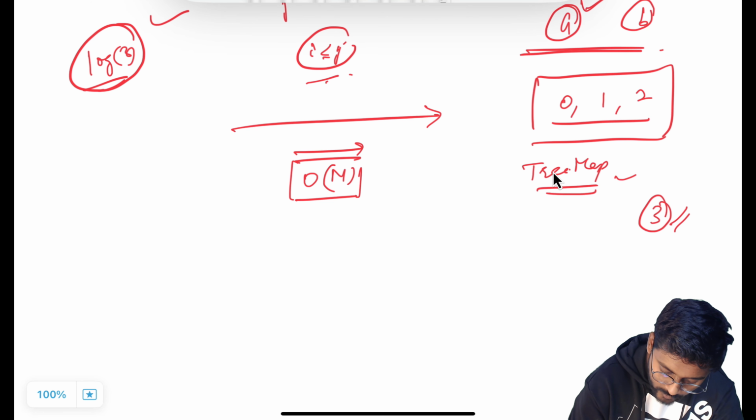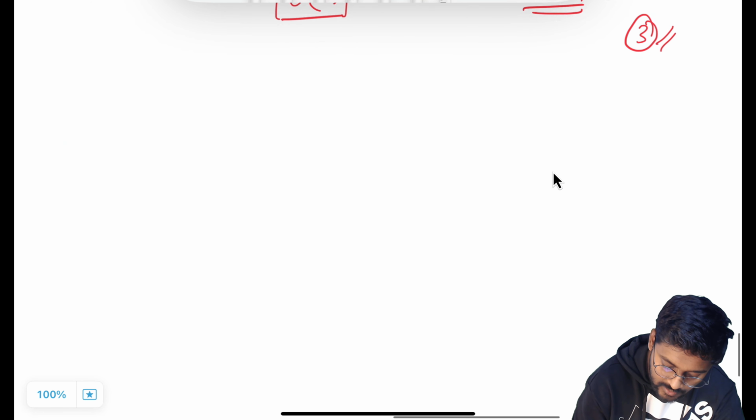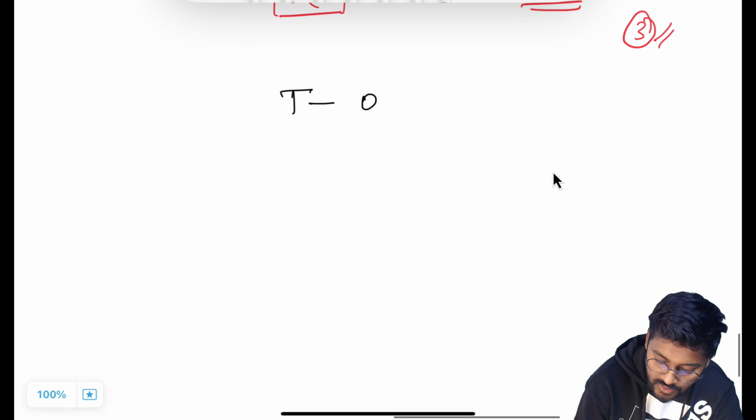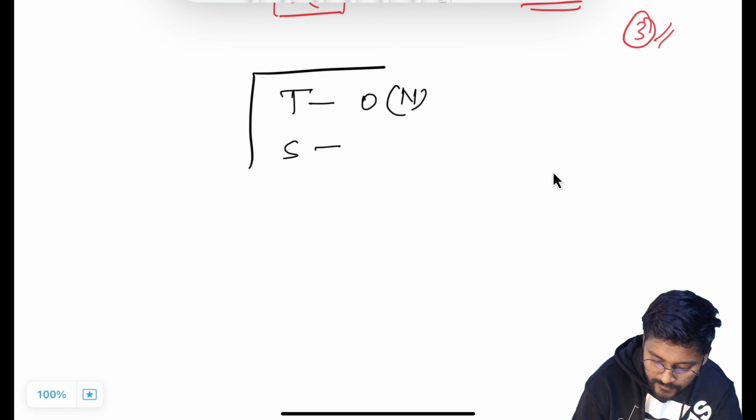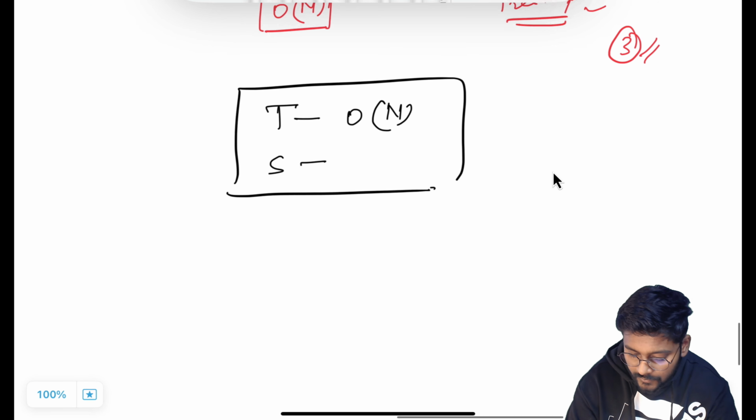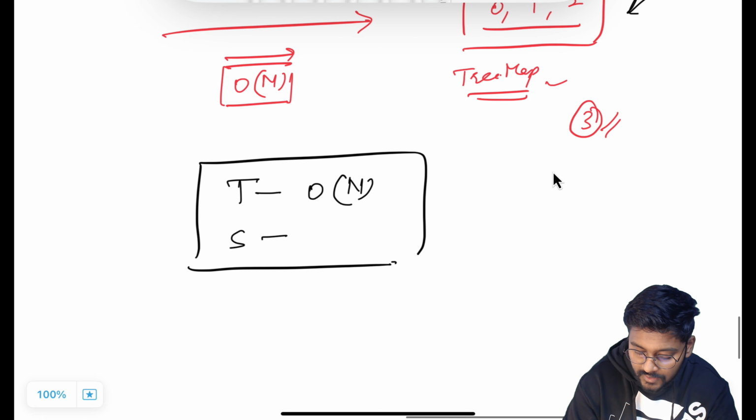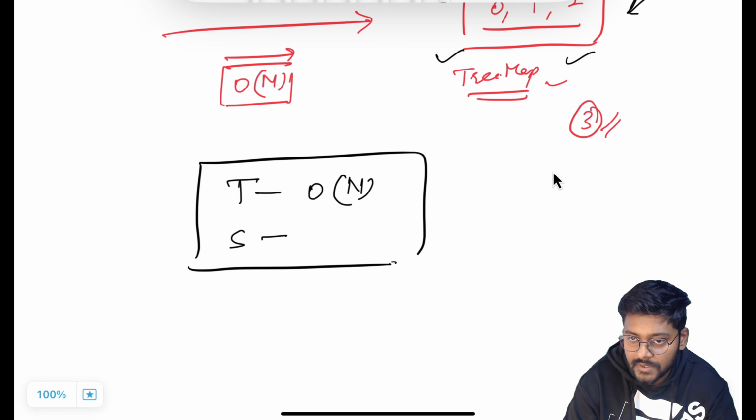So what is the overall time complexity of my approach? My variable sliding window approach is order of n. And what is the space? You might say that we are taking a new tree map in this case. The tree map size can go to 3 at max, so it will be order of 1.